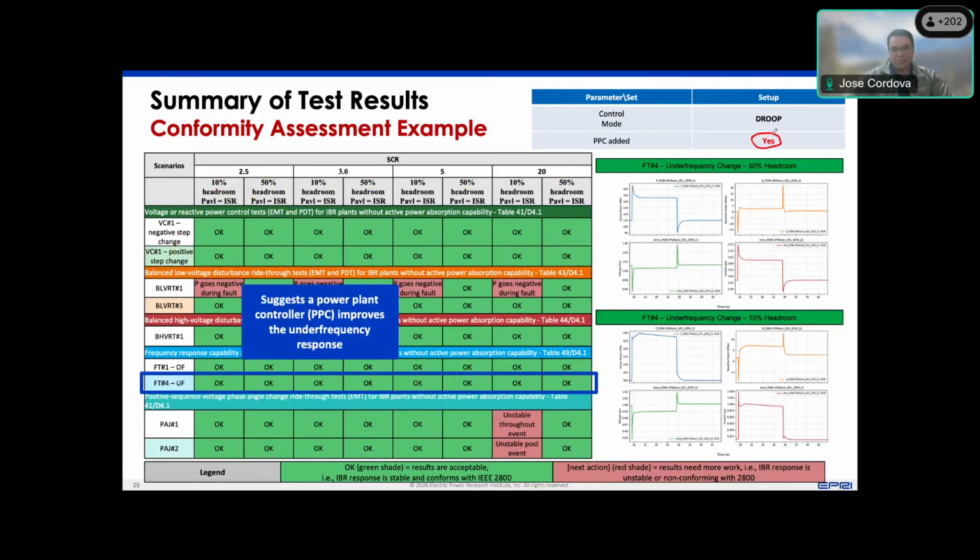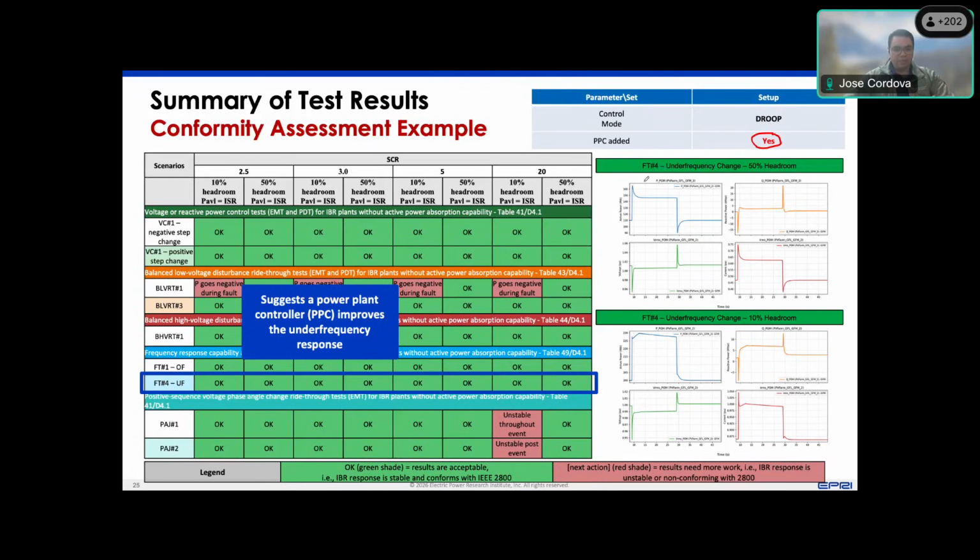It is worth noting that the control mode is droop mode. We also tested virtual mode, but that's also in the report. But just as an example, we show here the difference between adding and not having a PPC, a power plant controller.